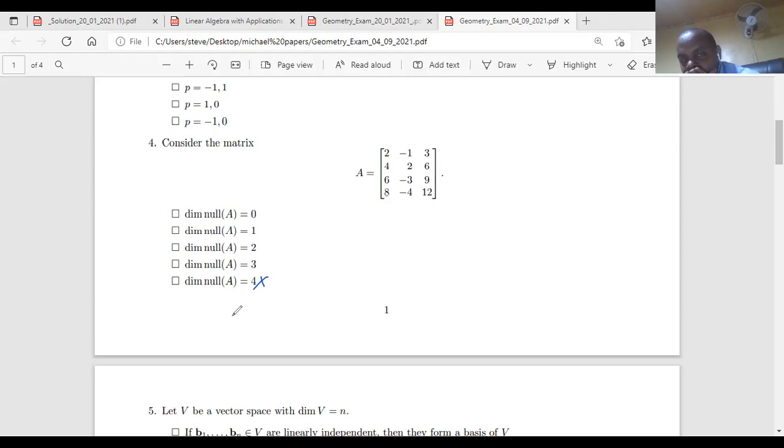So should we do the kernel? And how do we do the kernel? So 2x minus y plus 3z equals 0, everything equals 0.